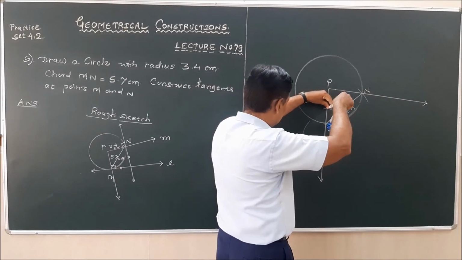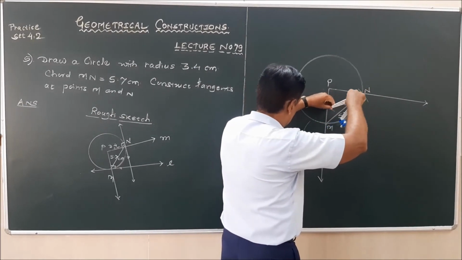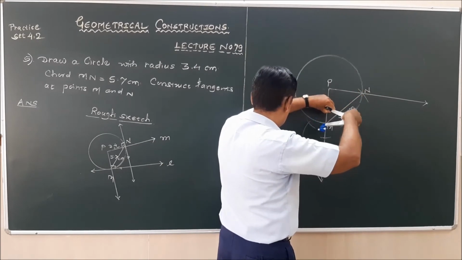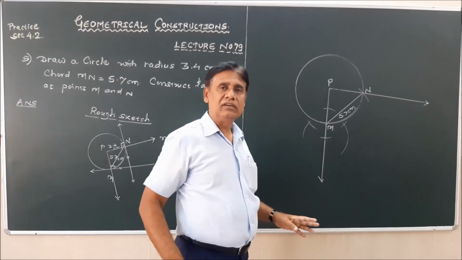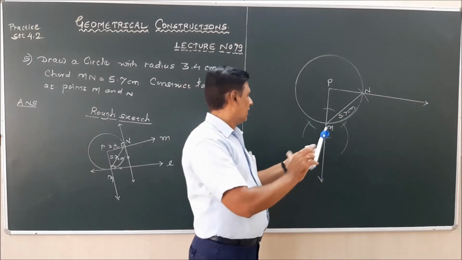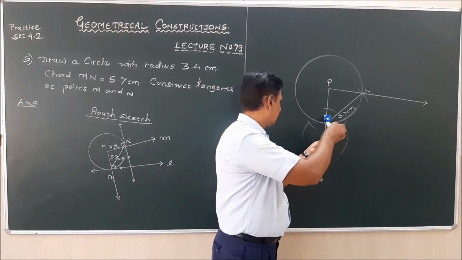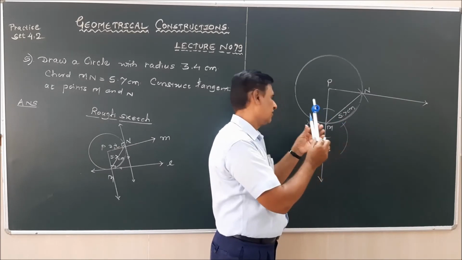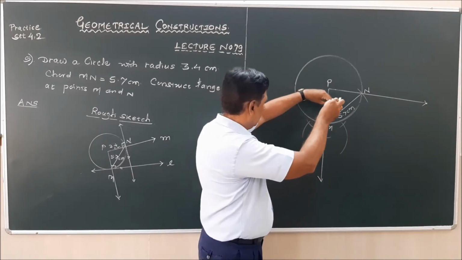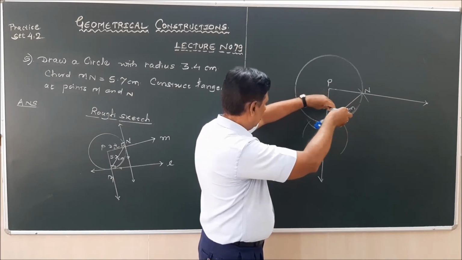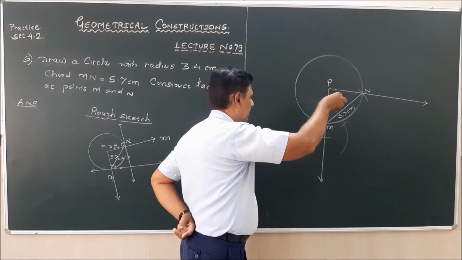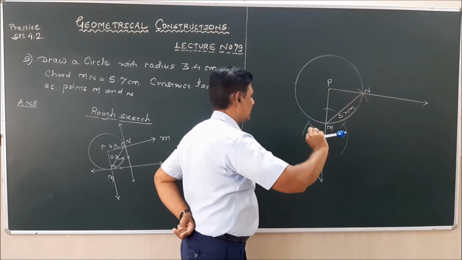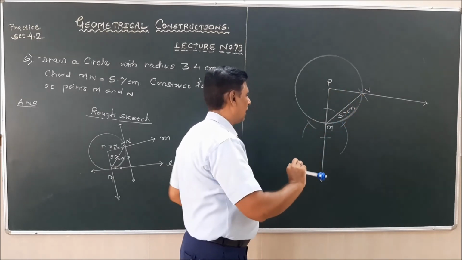Simply place it on the other arc and draw intersecting arcs to the previously drawn arcs. Clear? Take a distance more than half, draw two arcs. Don't change this distance. Let's meet at a point here. Draw two arcs from here to the previously drawn arcs.